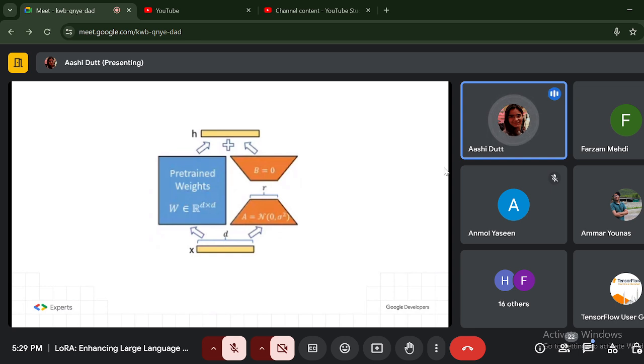So here it is. Consider you have an input that is X and it has D dimensions, right? So this is your original pre-trained weights, that is capital W, and it has D cross D dimensions. So instead of using this, what we do is that we have two other matrices, A and B, that are much smaller in size than the original weight matrix, and we use both of them to mimic the characteristics of this original weight matrix, but we also keep it along with us.